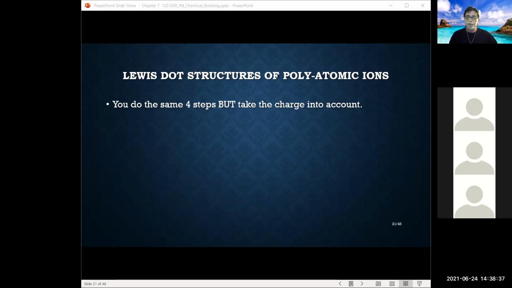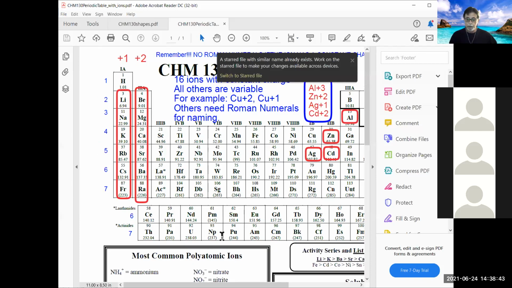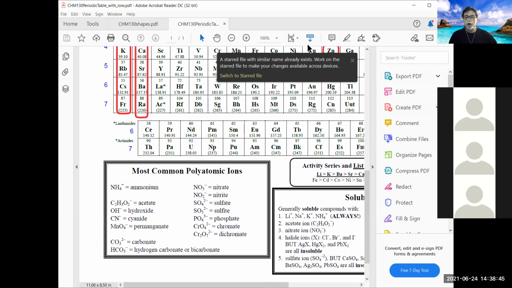Now, from the periodic table, on the bottom left corner, there is what are called polyatomic ions. Now, we've introduced you to ions. Ions are nothing more than elements that have lost or gained electrons that end up with a charge either positive or negative. Okay?